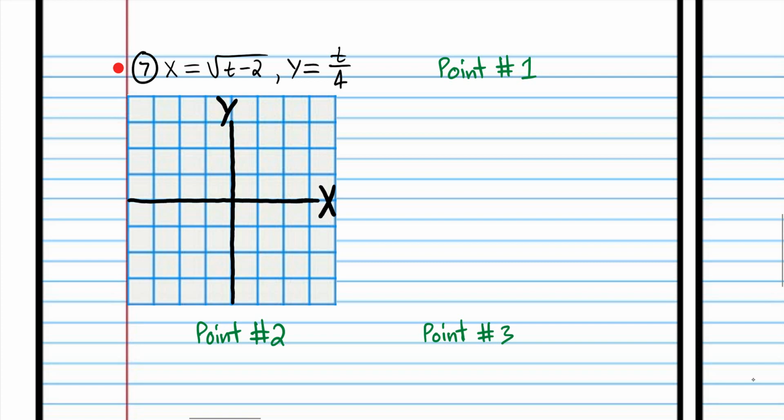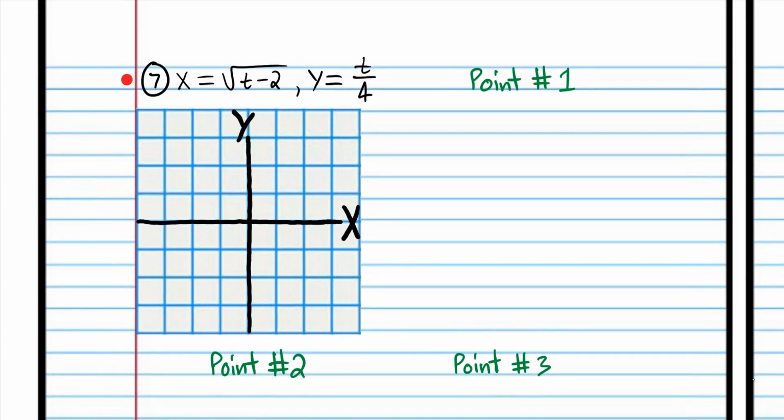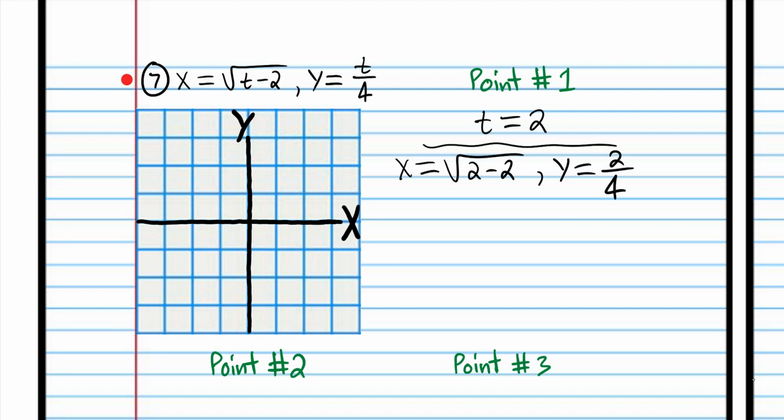So let's find some points. So we're going to let t equal 0, but if we do that, again, we're going to get a negative under the root, so we can't choose 0. The smallest value for t we can choose is 2. So we have 2 minus 2 and 2 over 4.